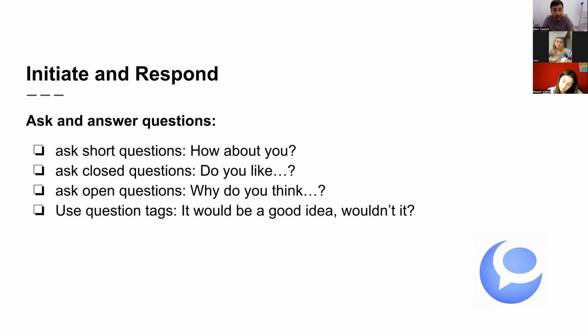Now, we also have open questions. Open questions van utilizando cualquier palabra interrogativa. Where, when, who, what, how much, how long, how often. Utilizamos palabra interrogativa en la auxiliar. Se llama open questions porque tienen múltiples respuestas.